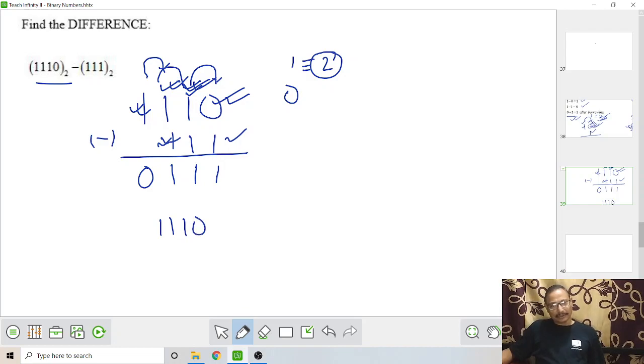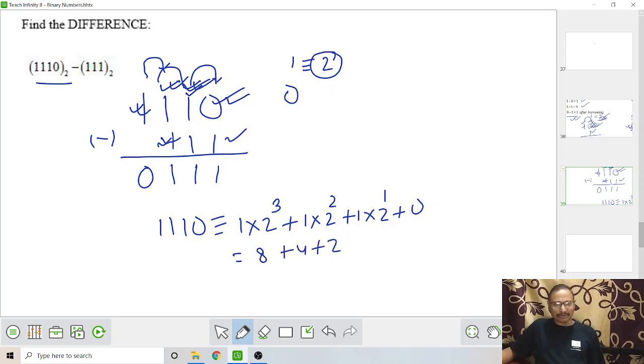1110 is equivalent, in the decimal system, to 1 into 2 to the power 3 plus 1 into 2 to the power 2 plus 1 into 2 to the power 1 plus 0, so it gives us 8 plus 4 plus 2, that is equal to 14.